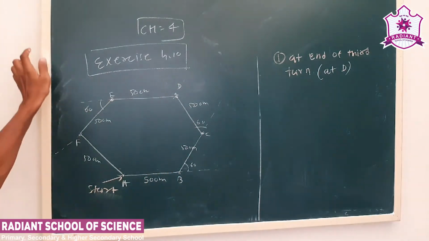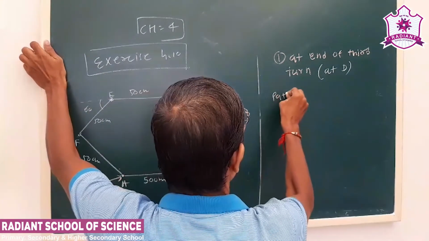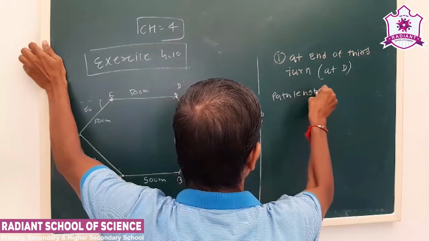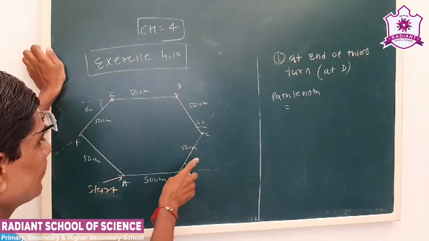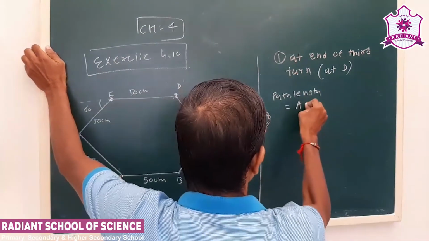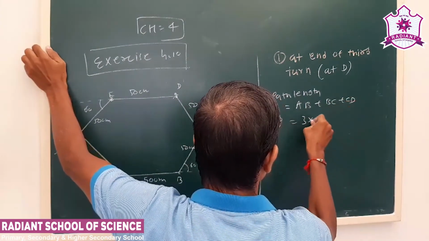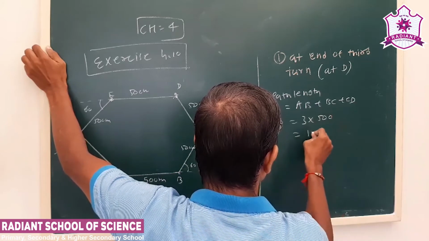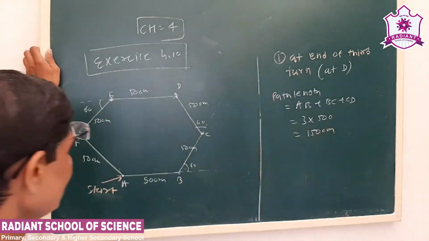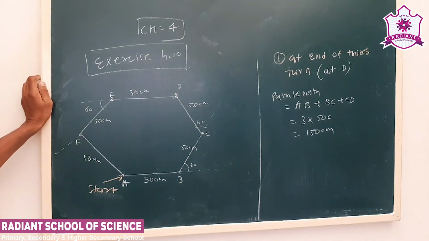Path length. Path length is AB plus BC plus CD. All are of equal length. So this is our path length at point D.